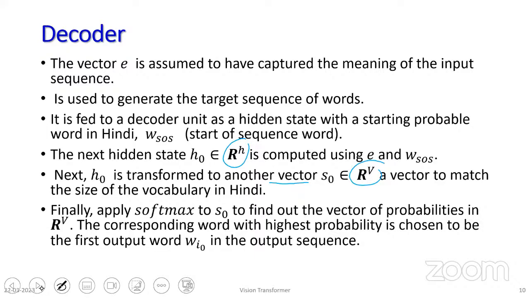I hope this is clear to you. Now let me come to the question. Deepthi is asking how we decide the input sequence in multiple outputs, meaning in multiple languages. I'm sorry, I don't understand your question, but it seems that you are talking about multilingual.